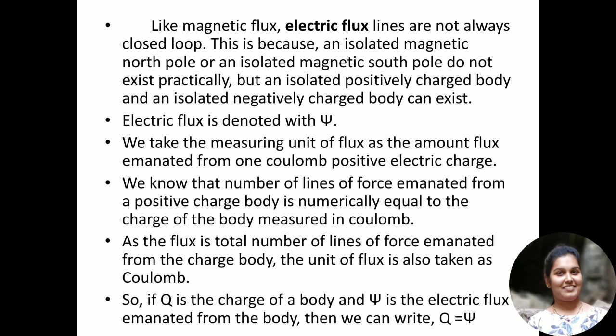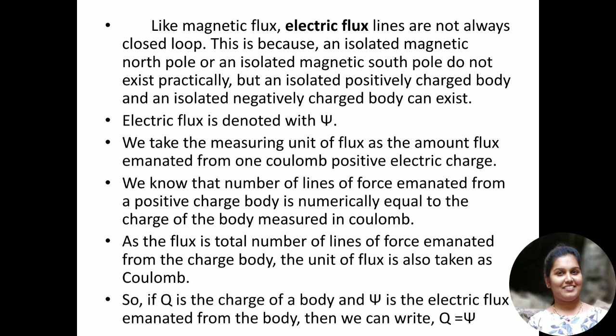Like magnetic flux, electric flux lines are not always in a closed loop. In general, magnetic flux lines are represented in closed loops, whereas electric flux lines are not always in closed loops. This is because an isolated magnetic north pole or an isolated magnetic south pole does not exist practically.